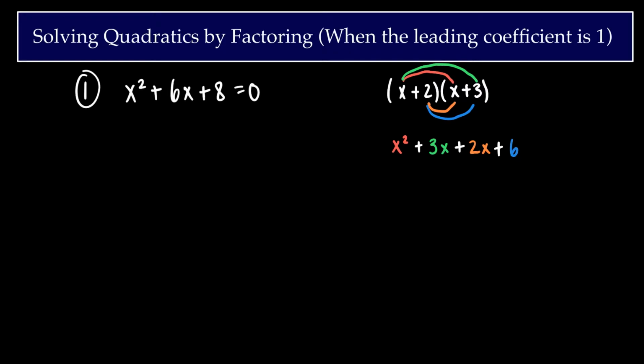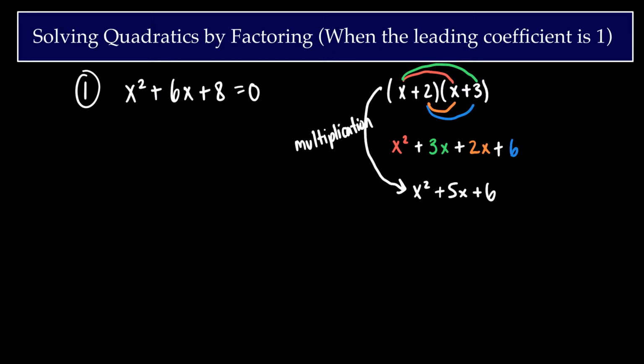So altogether, when you're done, you should end up with x squared plus 5x, because 3x plus 2x is 5x, plus 6. Going from this step down to this step is called multiplication. So what you're doing is multiplying two binomial expressions.